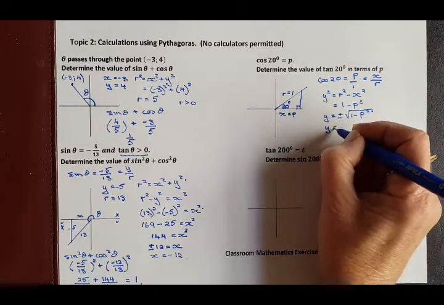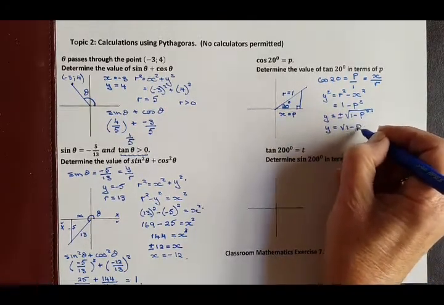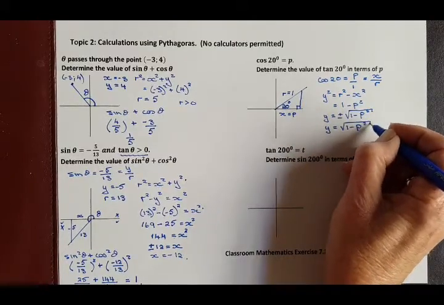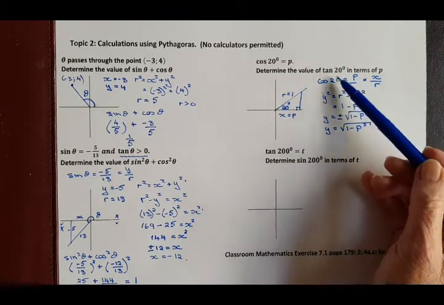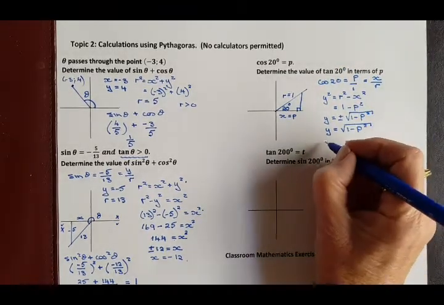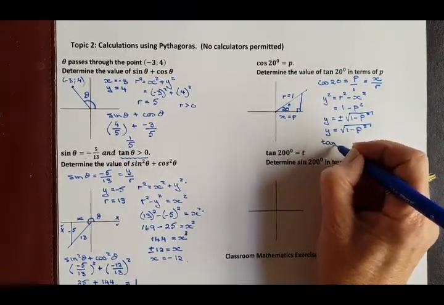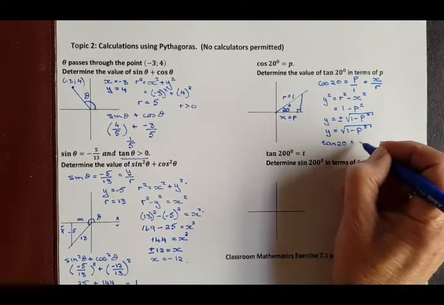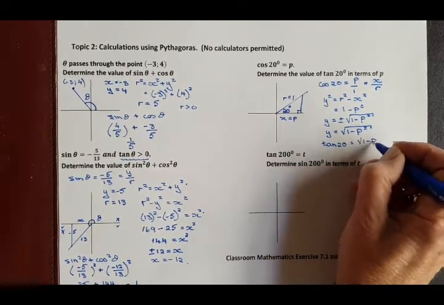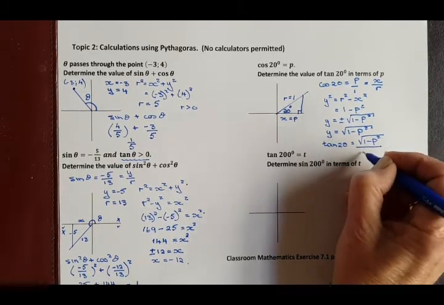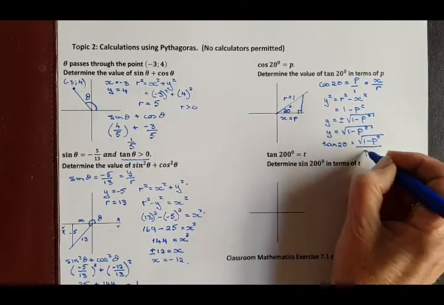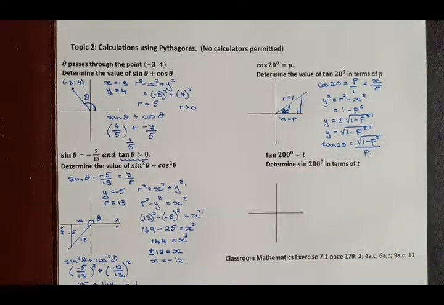Okay, y is positive the square root of 1 minus p squared. What was I asked to work out? The value of tan of 20, and we know that tan is our y value over our x value. As easy as that.